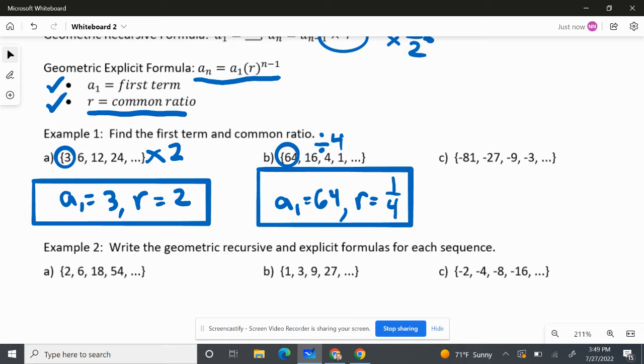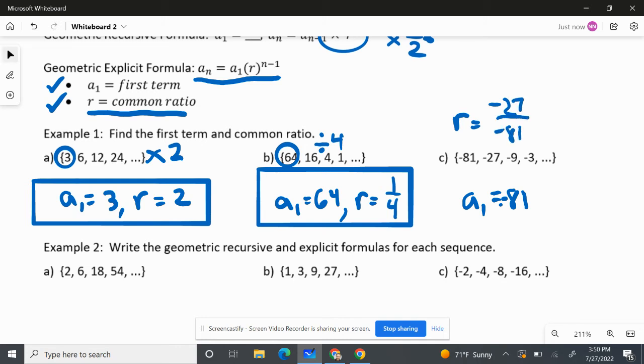So with letter C, what we notice is that we have our first term, which is a sub 1, and that would be negative 81. Then what's happening is that we're dividing it by 3. Now, if you didn't know what was going on, you could take the second term and divide it by the first term.